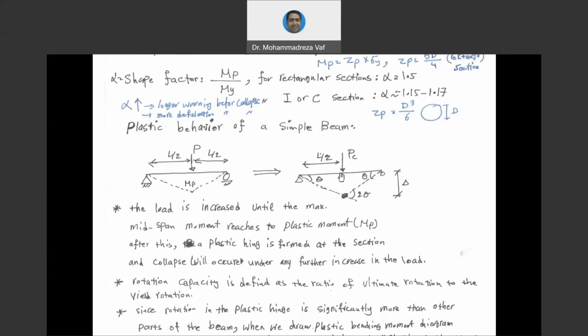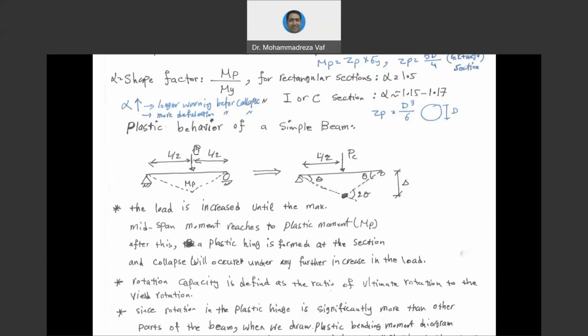What you can see on the left side is a beam subjected to a point load, and the point load is exactly at the mid-span of that beam. If you look carefully, you can see we have a bending moment diagram similar to the dashed line.